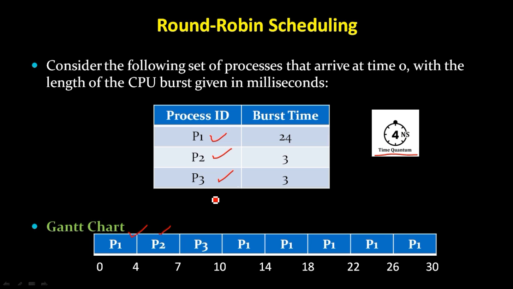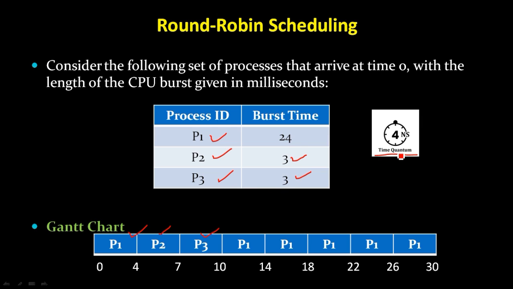Within the 4 nanoseconds it completes its execution because the burst time of P2 is 3 nanoseconds. Similarly, the next time quantum is allocated to P3, and it also completes within the time quantum because its burst time is less than the time quantum.